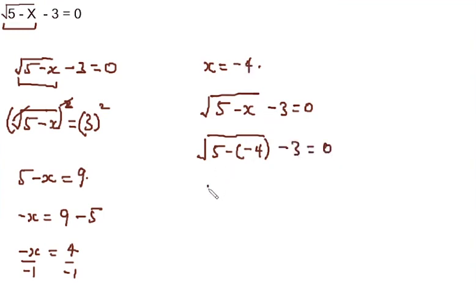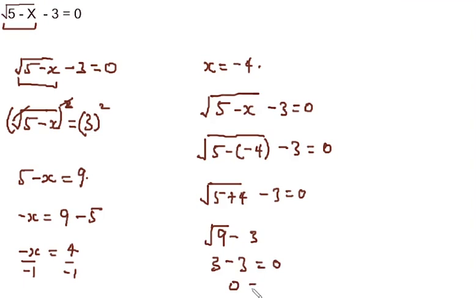So this is the square root of 5 plus 4, minus 3, is equal to 0. 5 plus 4 is 9. So the square root of 9 minus 3. The square root of 9 is 3. So 3 minus 3 is 0, which is equal to 0. So this answer of x is equal to minus 4 is our answer to this radical equation.